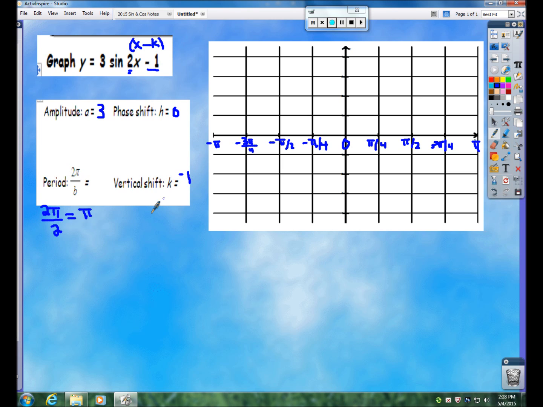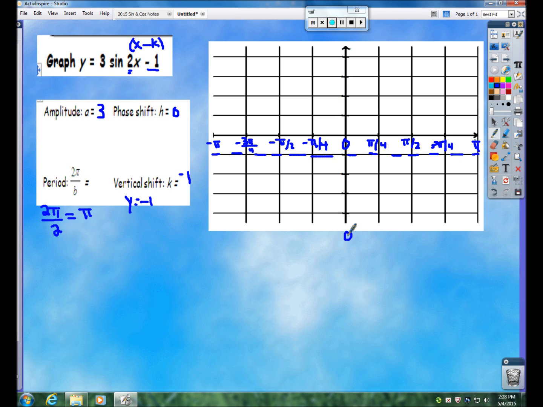So that means we have a new baseline at y equals negative 1. So let's dot that line in there, our new baseline at negative 1. All right, now it's a sine pattern.